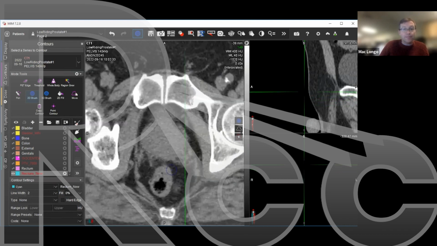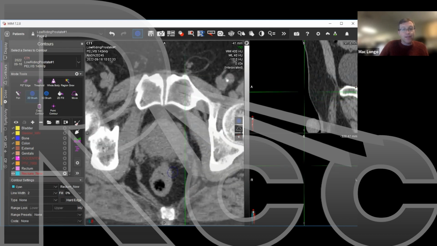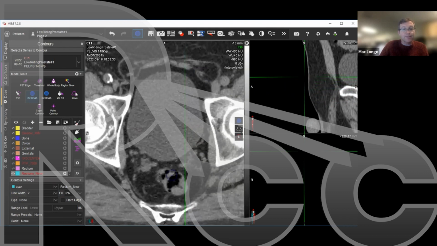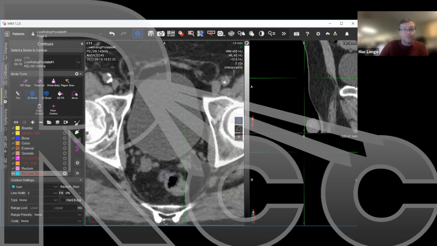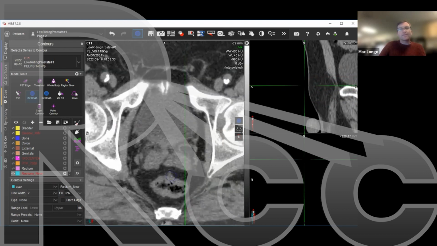Now, where do we stop the rectum? By definition, in RTOG, they stop when we see the rectum moving anteriorly. We see it starting to move anteriorly into the sigmoid colon. I'd say the last slice is where the rectum is round in shape.